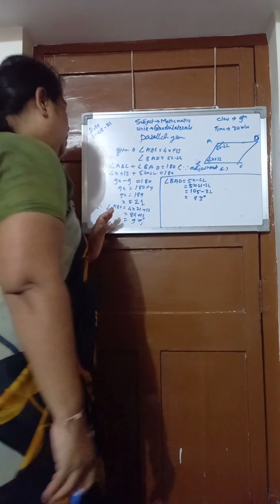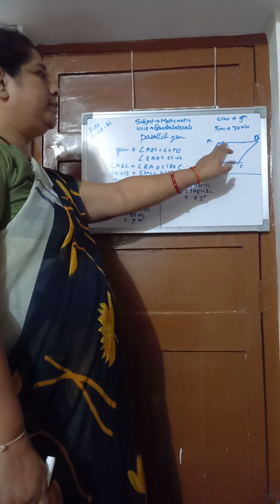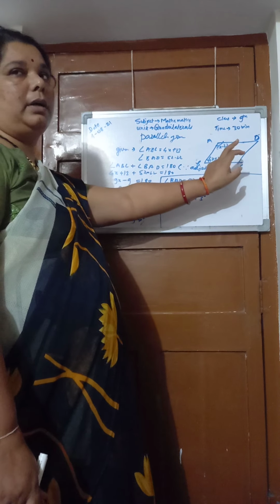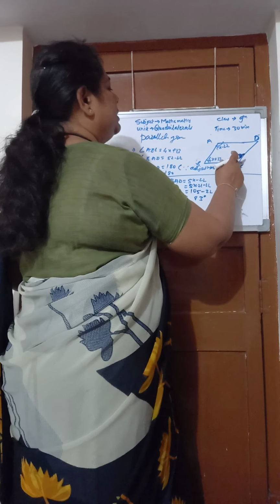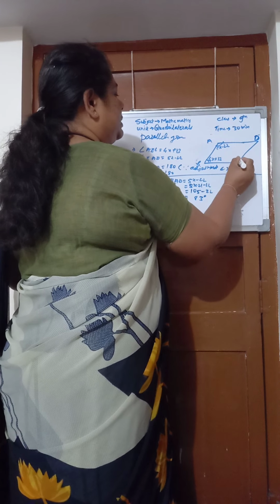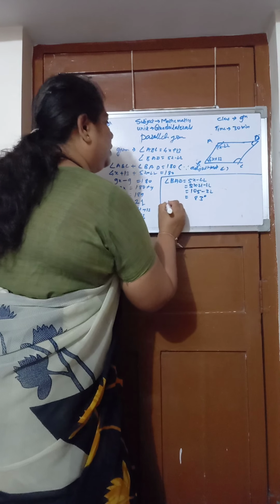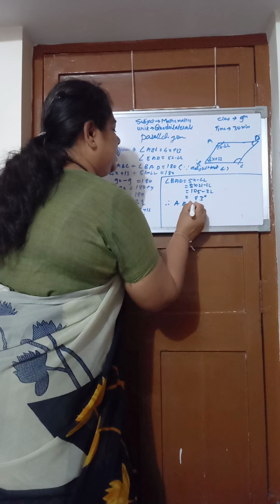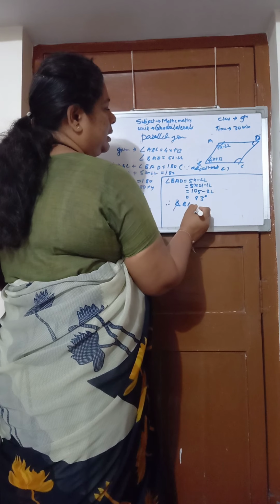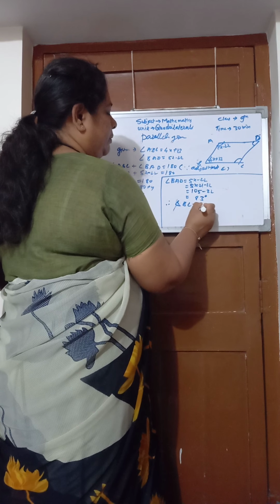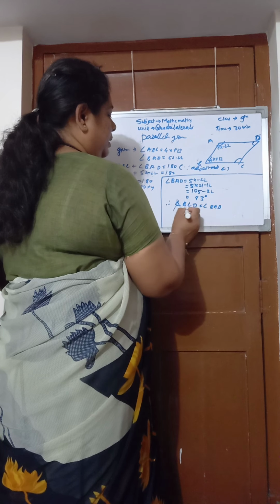Okay, we have calculated this angle and this angle. If the measures of these two angles are known to us, then we can find the measure of this angle and this angle. This angle is equal to this and this angle is equal to this. Therefore, angle BCD equal to angle BAD.